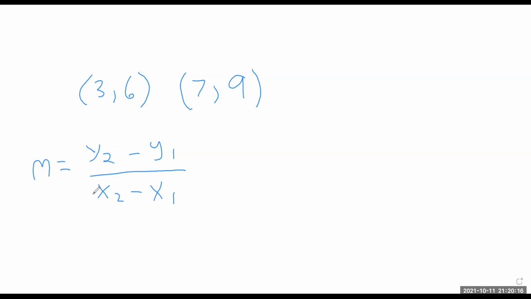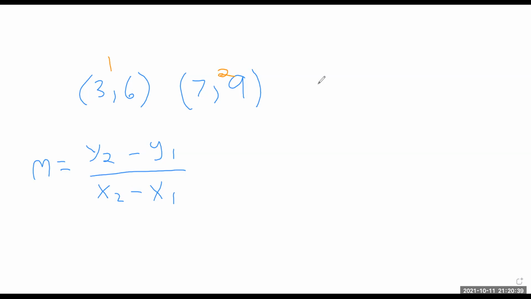And so where are we getting these x's and y's from? Well, you're going to pick one point to be point 1 and one point to be point 2. So in this case, this is going to be my point 1, and this is going to be my point 2.